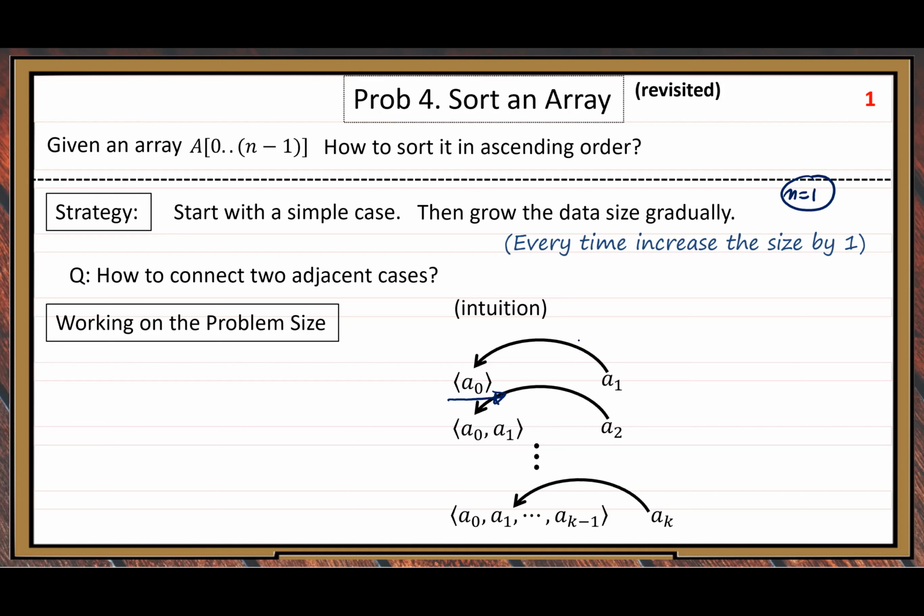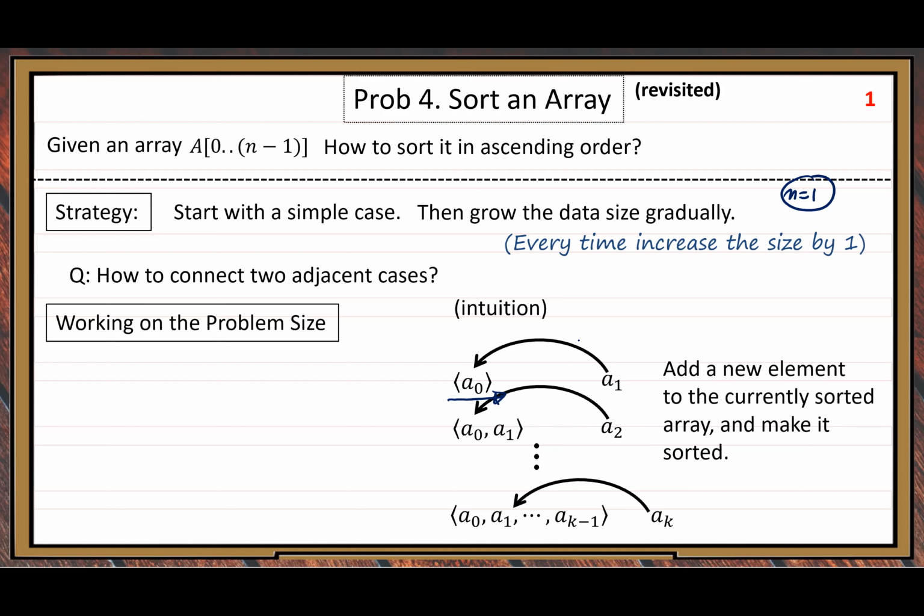Is it an insertion step? You insert A sub k into an ordered array. Can we see it in that insertion way? The main step we're using here is just the insertion step. This new insertion view will give us a new sorting algorithm. That's the new method.